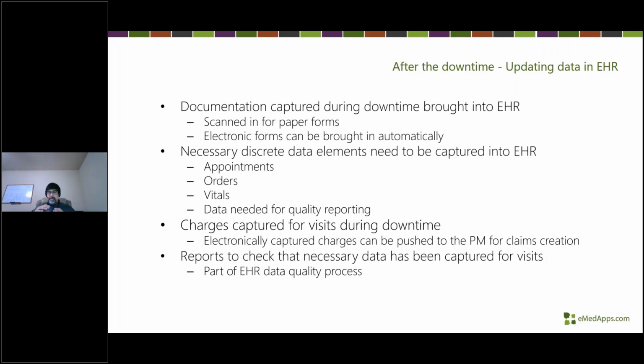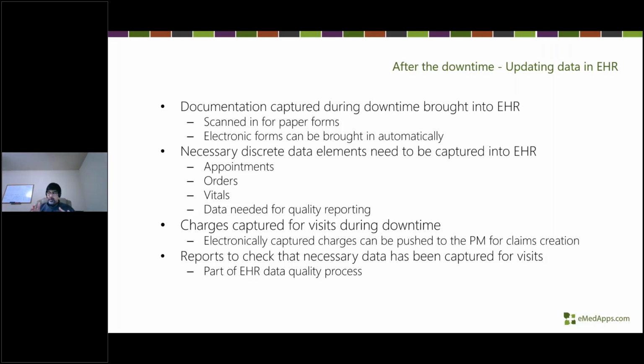Have some sort of a mechanism to check to make sure that data has been brought in for those visits that were seen on the downtime. If there's some custom reports that you need to generate from your EHR in order to be able to make sure that all those visits are accounted for, that you have some oversight procedure in place to make sure that that data is getting back into your EHR.